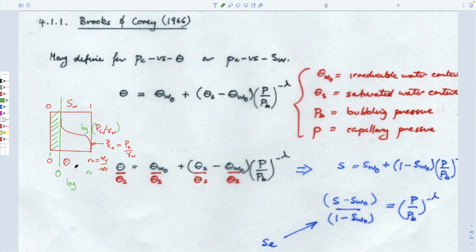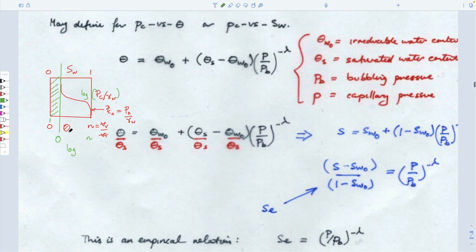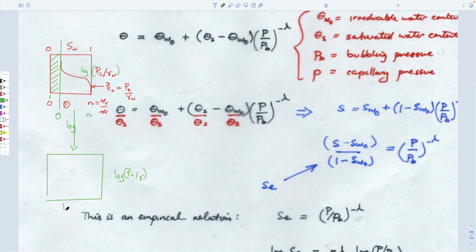And I guess I shouldn't do things so cramped, but since I see some of you writing these things down, so we could plot this as log P capillary pressure divided by unit weight, and log effective saturation.